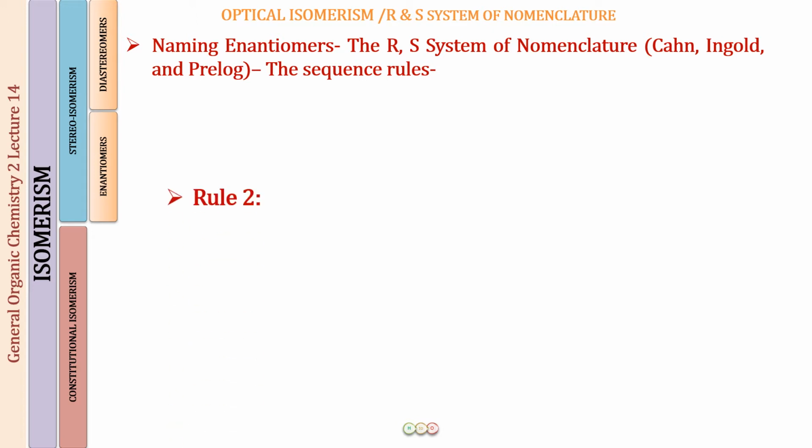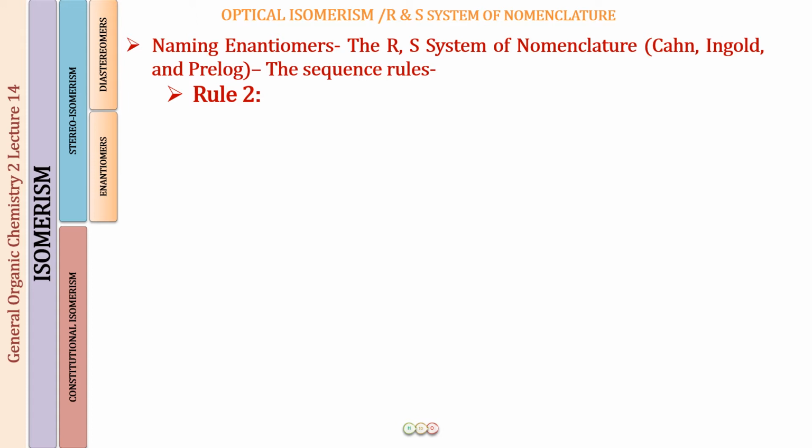Alright, so rule number 2 is what we are going to learn. And why do we need that rule number 2? First of all, you should understand that. So rule number 1 says that you have to arrange the groups according to the priority of the atomic number.